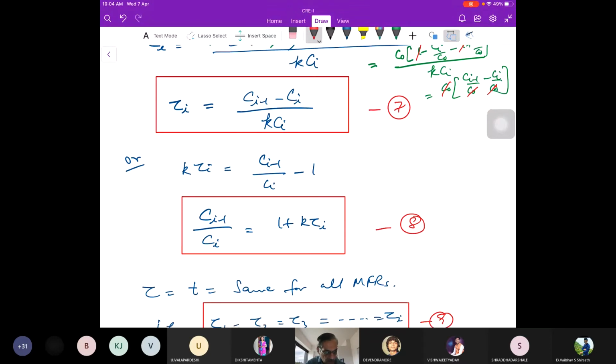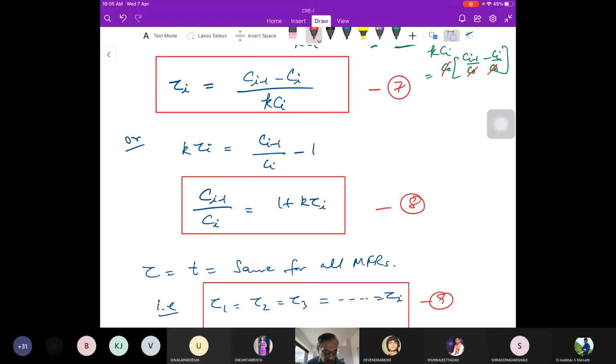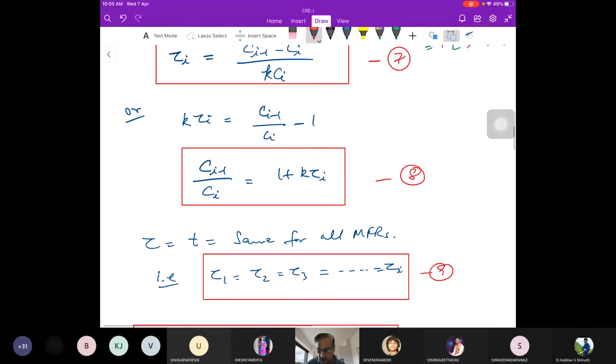We can write K इधर लेके आया, K into tau i is equal to, डिवाइड किया Ci से, Ci minus 1 upon Ci minus 1. और you can write Ci minus 1 upon Ci is equal to 1 इधर लेके आया plus K tau i. इक्वेशन 8 में किसी को कोई डाउट है, क्वेश्चन है?